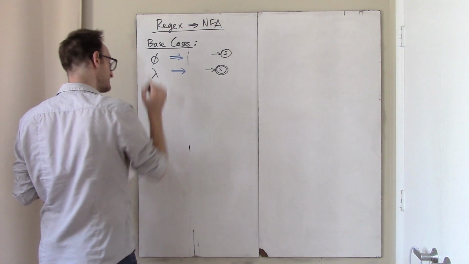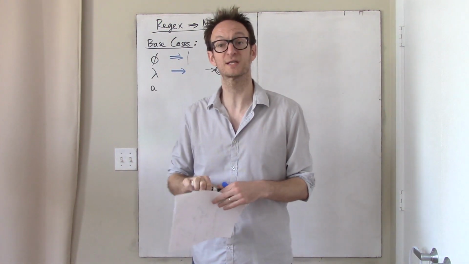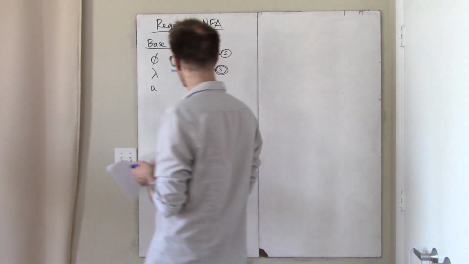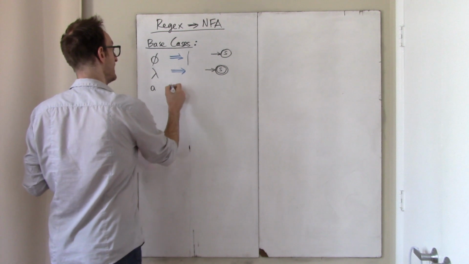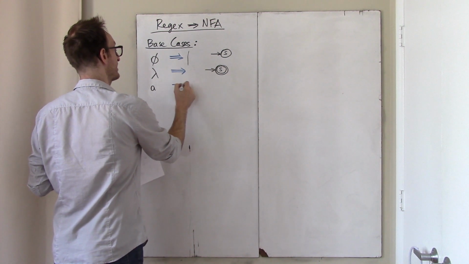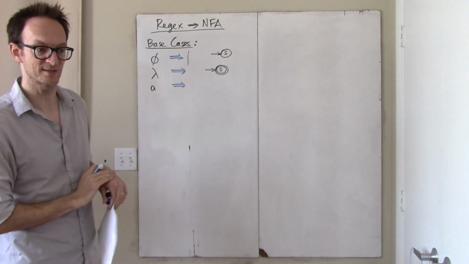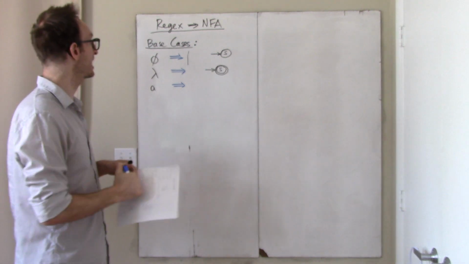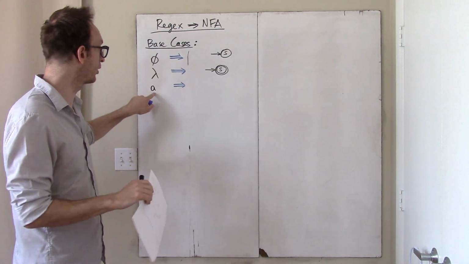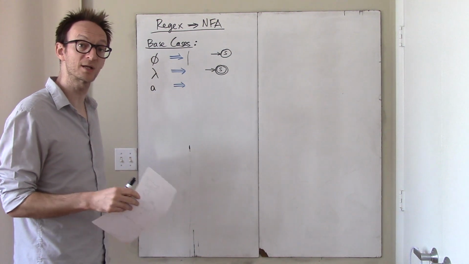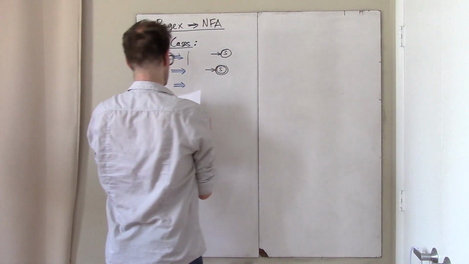But okay, also, what's the other sort of base case for regular expressions are if you just have a single character. And this is a regular expression, and what matches this regular expression? Well, only strings which are of length 1 and consist of the character A. And so, let's write a machine which accepts only the string of length 1 consisting of just the character A. I think that's kind of easy to do.